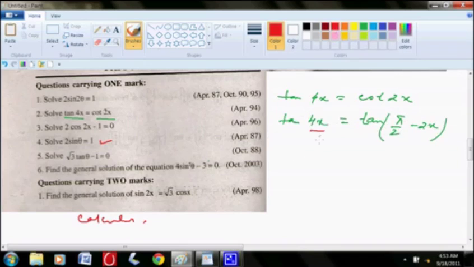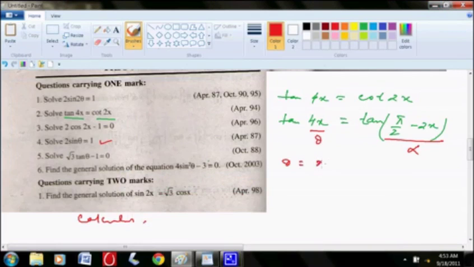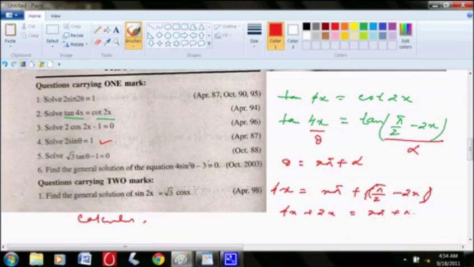Fine, here I go. This is tan of theta and this is alpha. So theta is n pi plus alpha. So 4x is n pi plus pi by 2 minus 2x. If I open this bracket in the next step, 2x will come this side. So 4x plus 2x is n pi plus pi by 2.